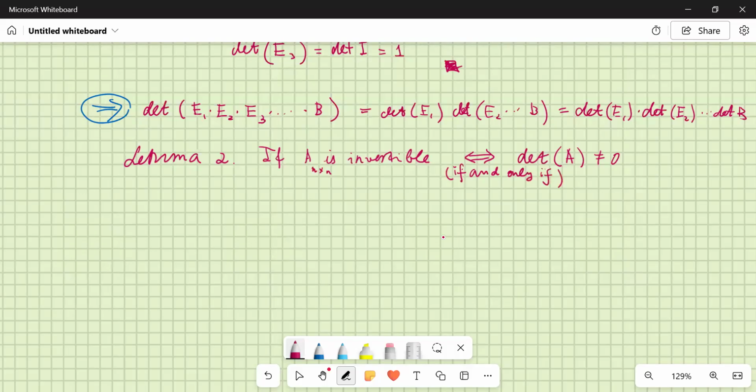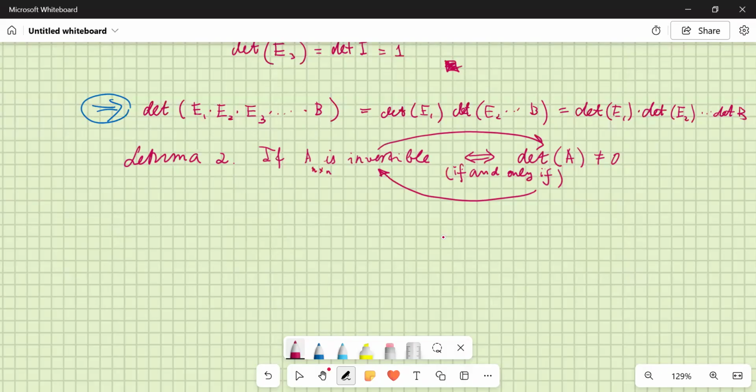For us, actually, it means that if A is invertible, then this one is true: determinant is not equal to 0. And also, backward, if determinant is not equal to 0, then it's invertible. So basically, these are equivalent statements.